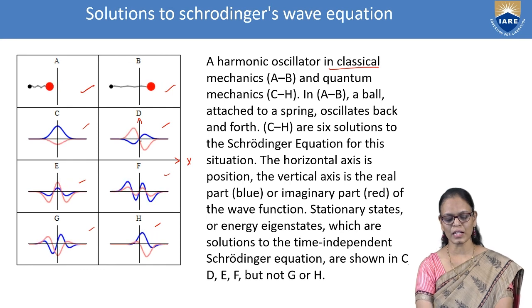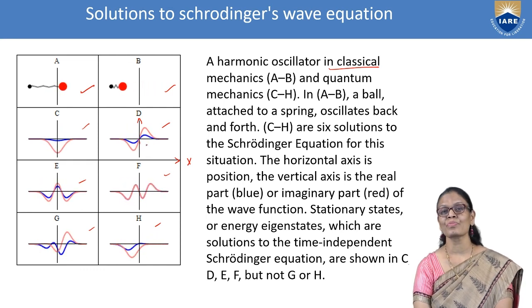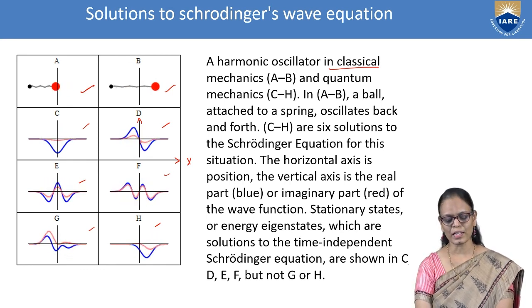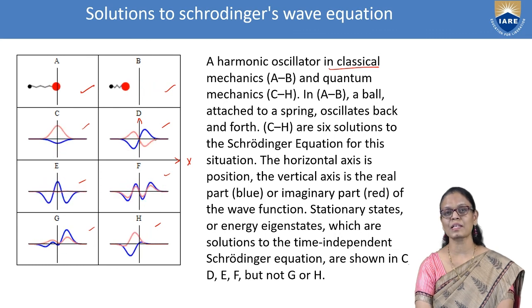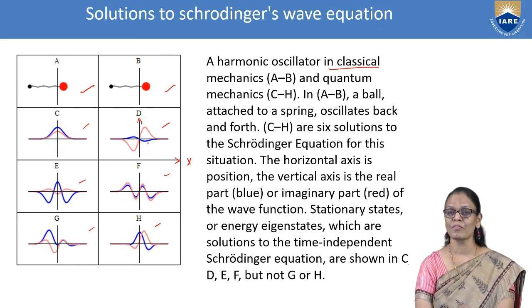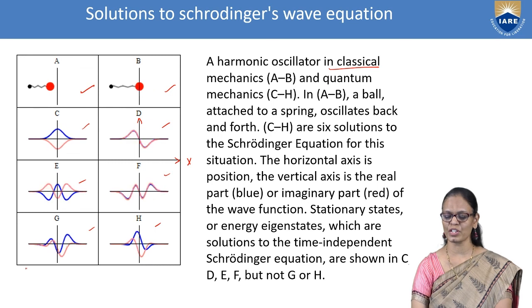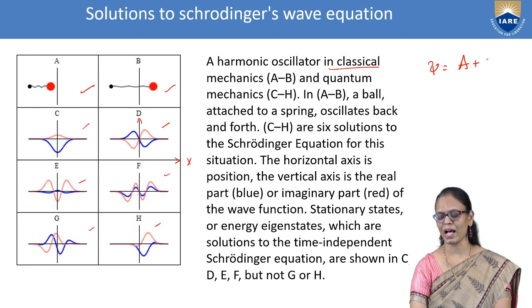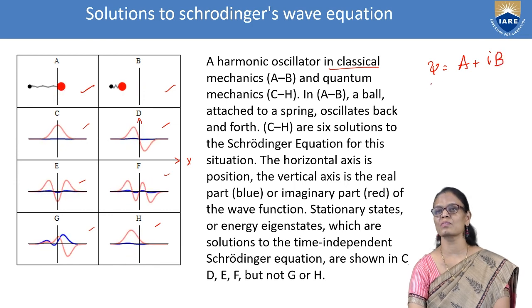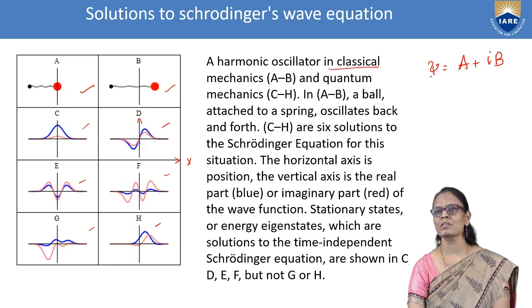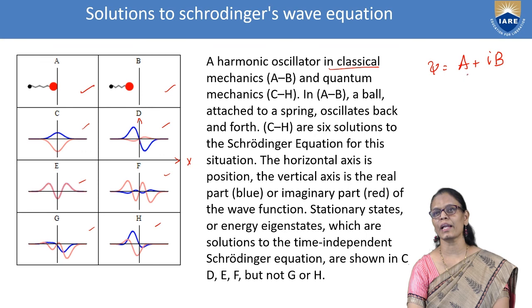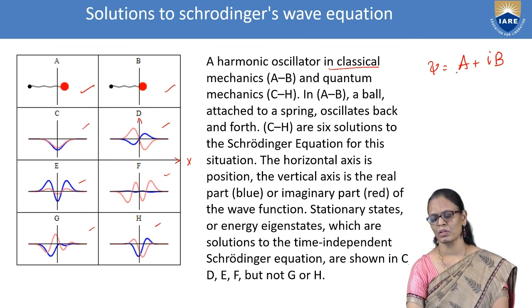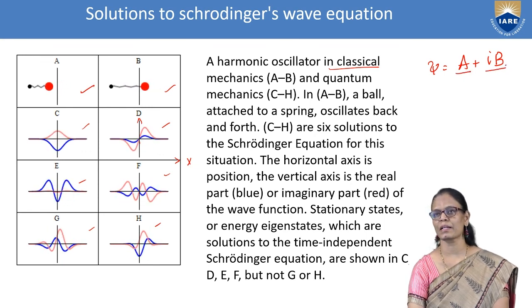You are also seeing two types of curves here. The blue one always represents the real part. When we talk about the wave function ψ, it will always have a real part as well as an imaginary part. It is represented as ψ = A + iB, where A is the real part and B is the imaginary part.